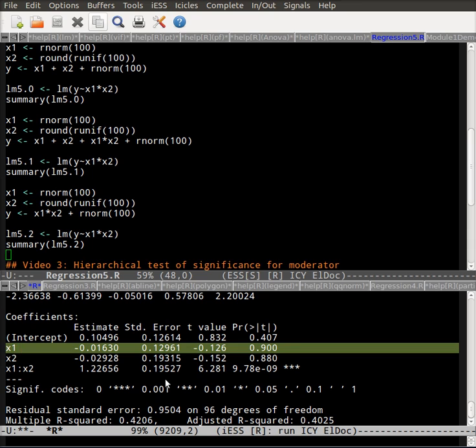So what is that telling me? It's telling me that the moderated effect is an exclusive moderating effect. And in fact, x1 alone cannot predict y. x2 alone cannot predict y. It's that the effect of x1 on y is dependent upon the values of x2. Because they're dependent, they are necessary in order to model y.